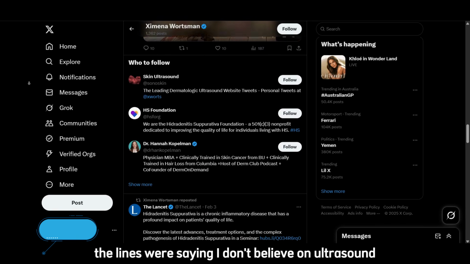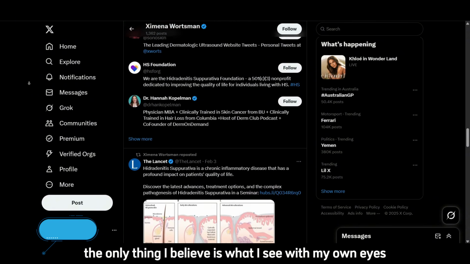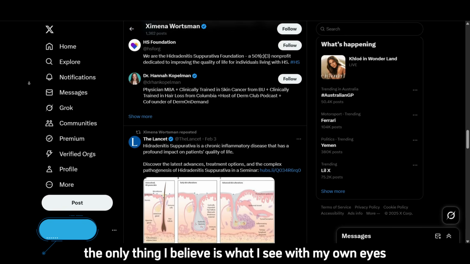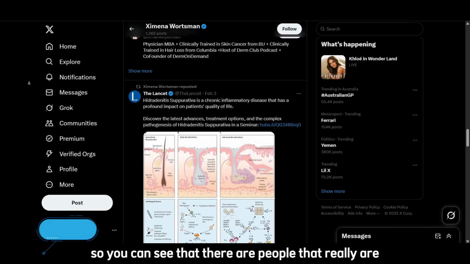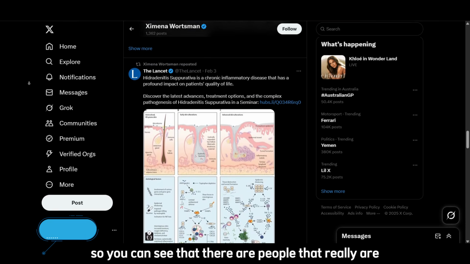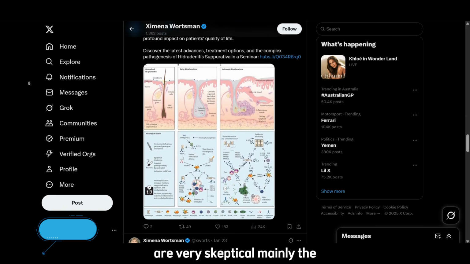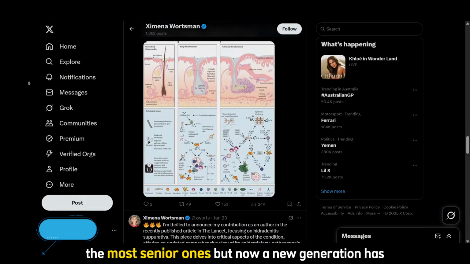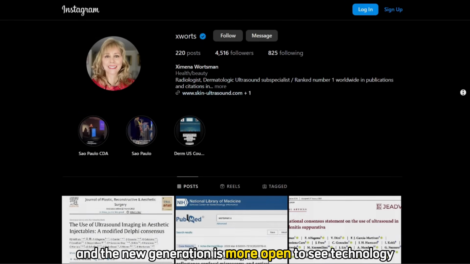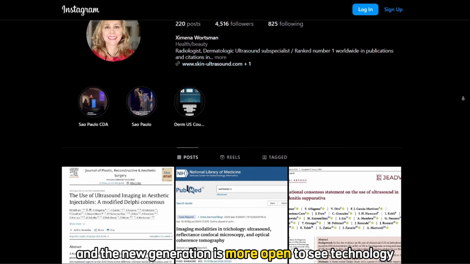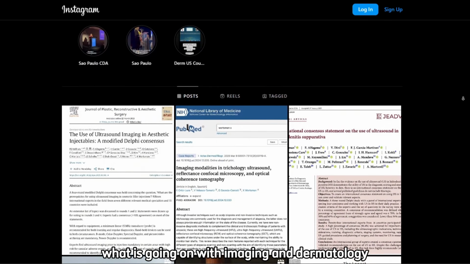The lines said, "I don't believe in ultrasound. The only thing I believe is what I see with my own eyes." So you can see that there are people who are very skeptical, mainly the most senior ones. But now a new generation has come, and the new generation is more open to technology, to seeing what is going on with imaging in dermatology.